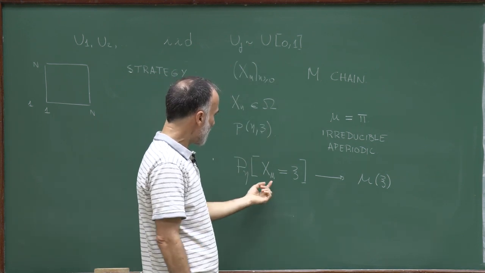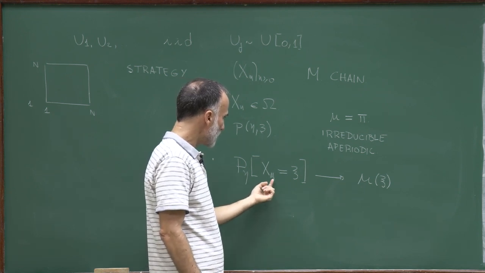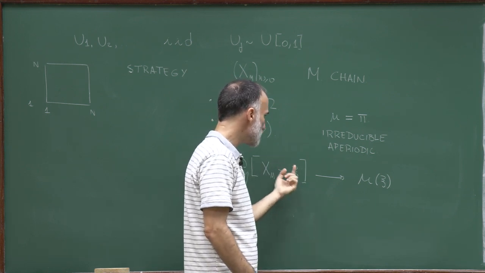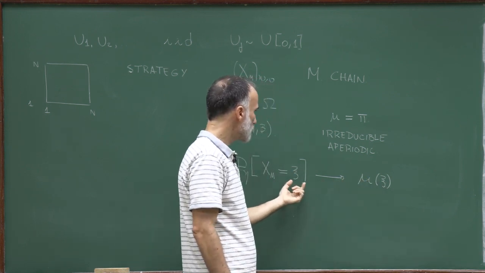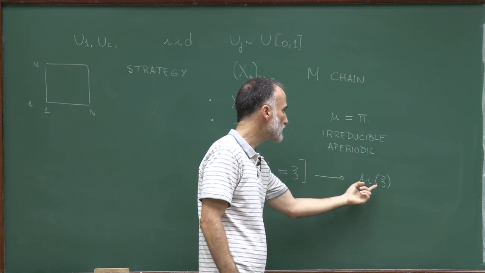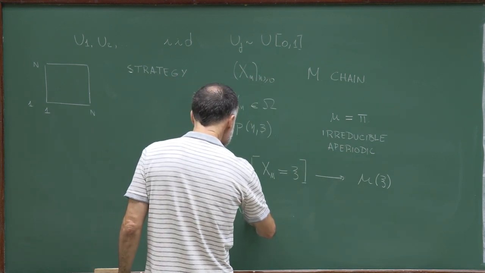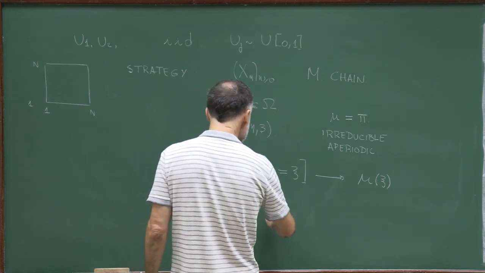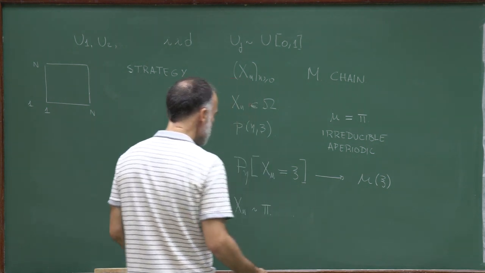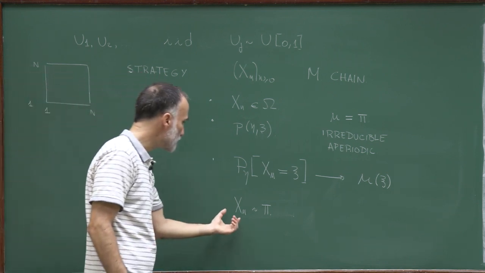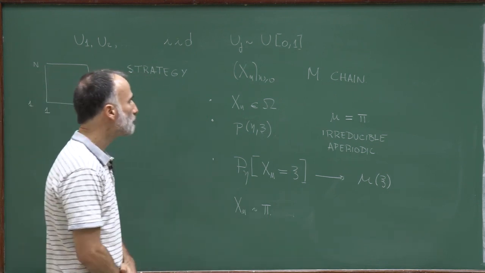I let time evolve, I take a very large time n, and what I know is that this distribution will be very close to the stationary distribution, which is pi. Therefore, the distribution of Xn will be very close to pi, and this is a way in which I can produce a sample from pi.